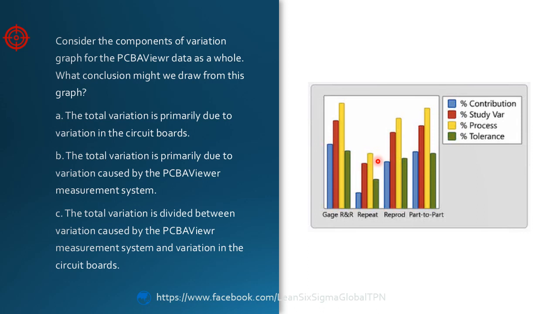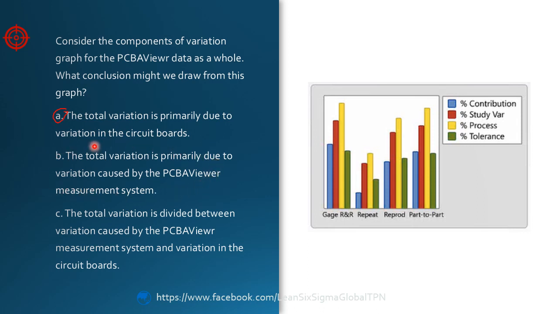The answer is A. Is A correct? No, this is not a correct answer. If most of the variation were in the parts, then the part-to-part cluster of bars would be much higher than the rest, right? So how about B?